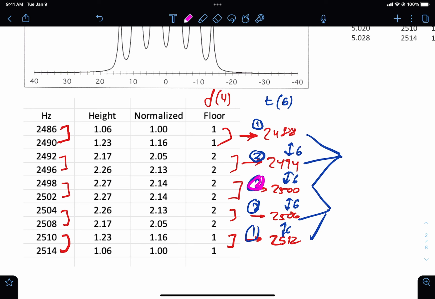So rather than it being a 2, let's think of it as being a 1. It's a 1, which gives us our first triplet, 1 to 2 to 1. And then it's also a 1 that's part of our second triplet, 1 to 2 to 1. So the reason it appears as a 2 is that it's 2 signals overlapping. It's 2 1s overlapping.